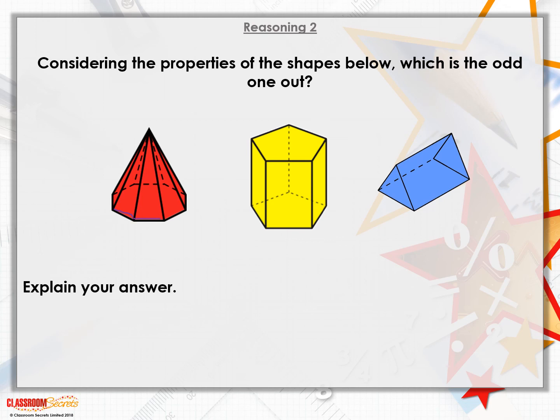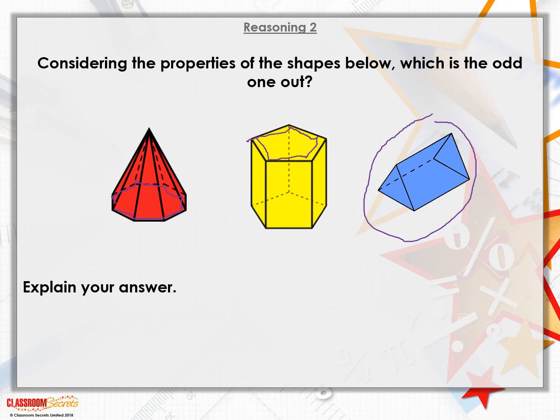So you can see you've got 1, 2, 3, 4, 5, 6, 7, 8. So I know that it's an octagonal pyramid. Here I've got a prism. I'm looking at the two bases here, the two ends of the prism, to see what it is, and it's 5. So I've got a pentagonal prism. And the last one here, we've got a triangular prism.